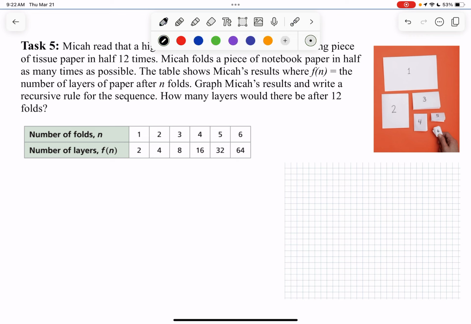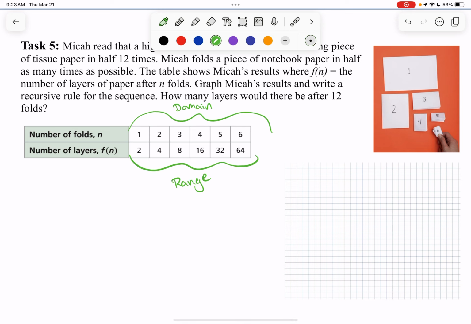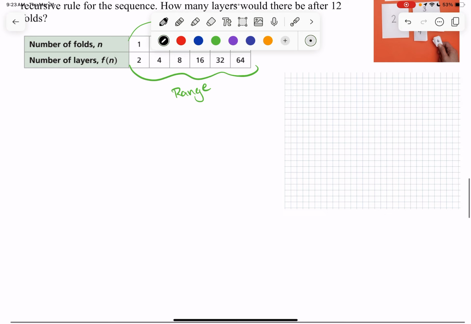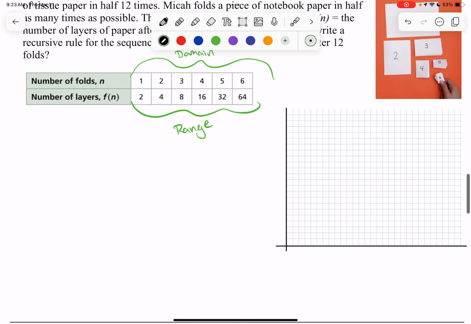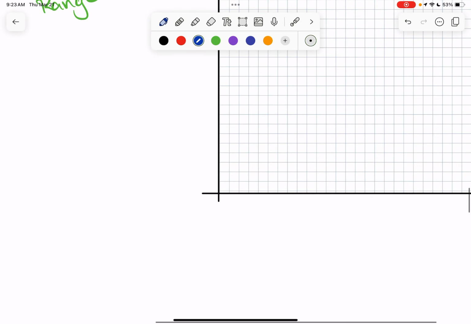So again, let's look at my domain. My domain is the numbers 1 through 6. My range is the numbers from 2 to 64. So I only really need quadrant 1. Since we're only graphing 1 through 6, I can spread these out a little bit. 1, 2, 3, 4, 5, 6.